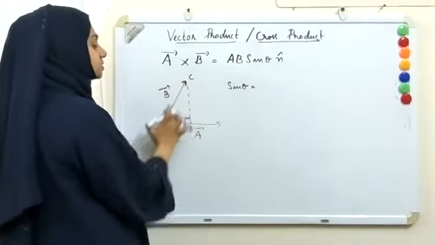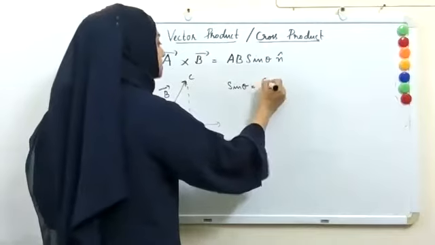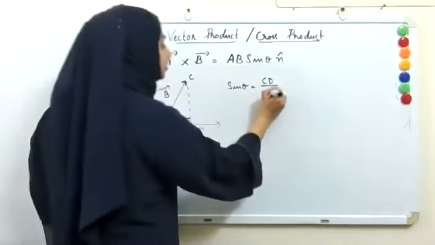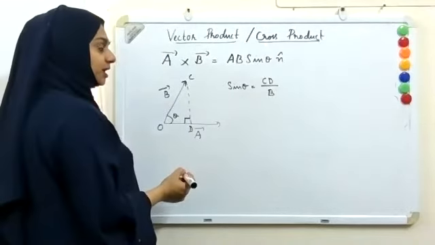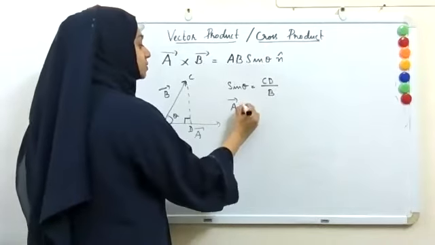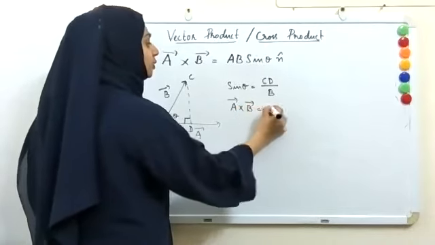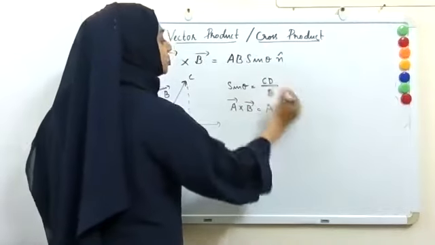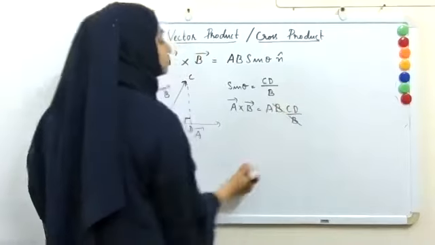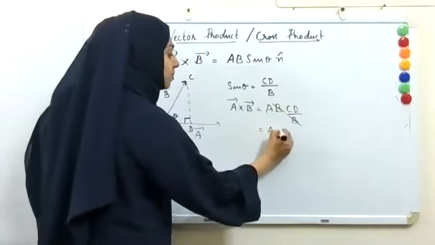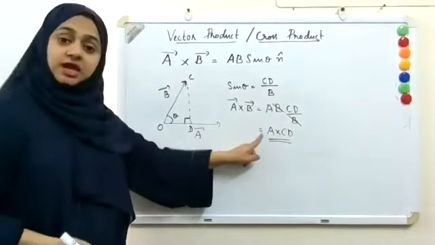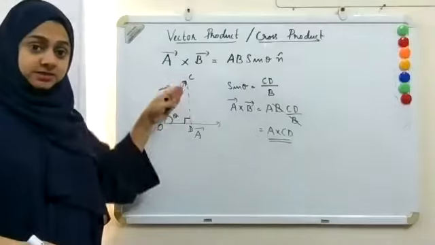When I consider this triangle, the opposite side is CD divided by the hypotenuse, which is the magnitude of B. So when I substitute, A cross B will be equal to A B, and instead of sine theta, I am writing CD divided by B. So I will get it as A multiplied by CD. I got it as A multiplied by this height.